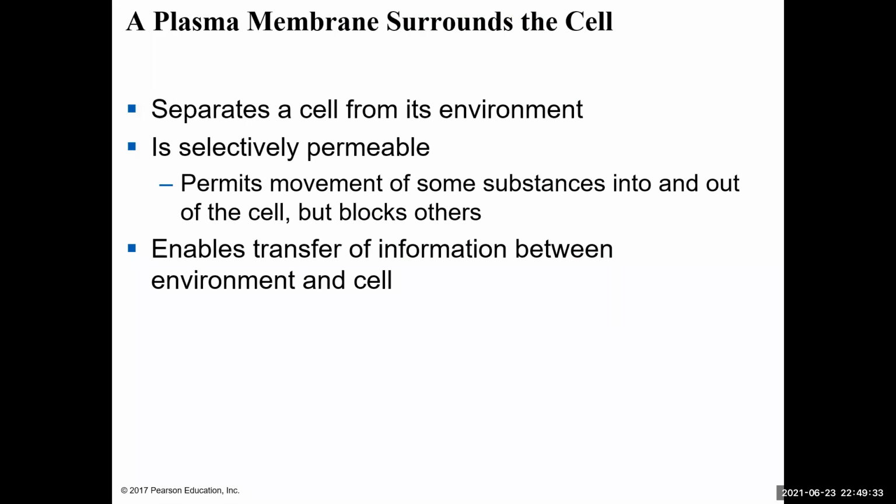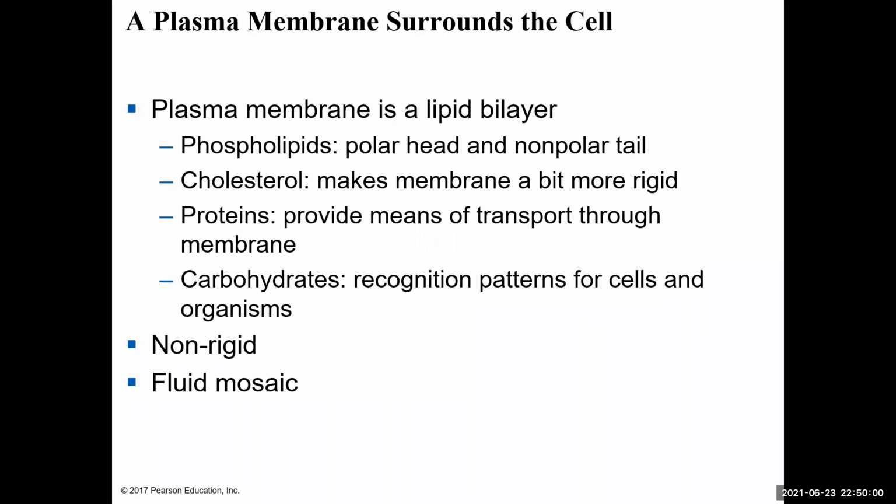So it can select what moves in and across the cell, permitting movement of some things but not others. That allows specific information to be transferred in and out of the cell between the environment and the cell itself, and also between other cells. The plasma membrane has a really important function in every cell. And like we mentioned in our organic lecture, the plasma membrane is a lipid bilayer.